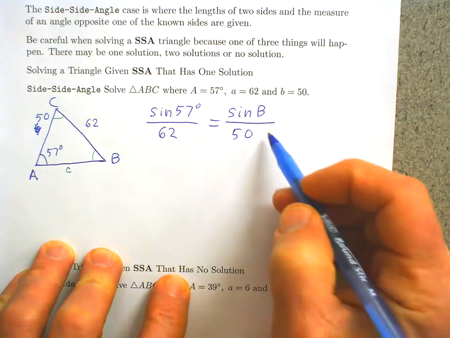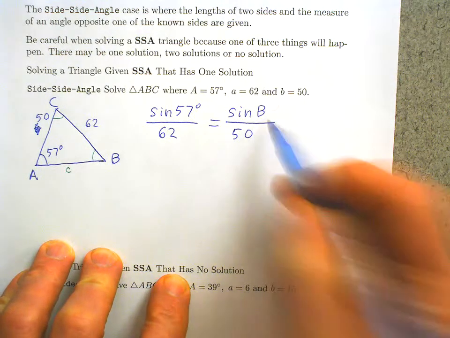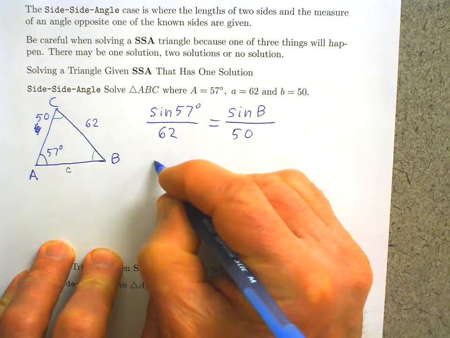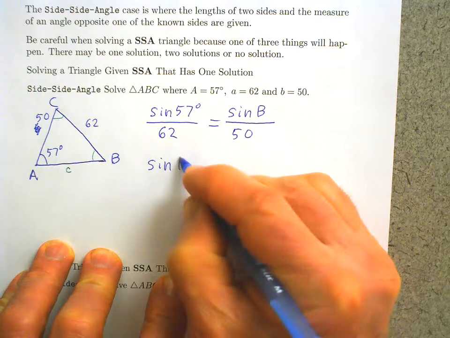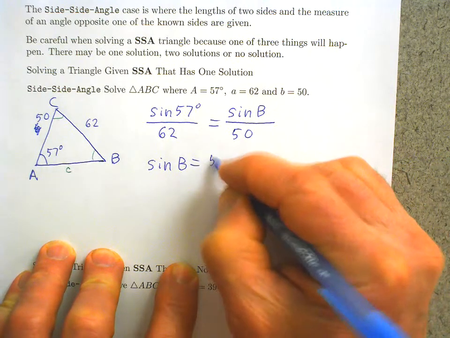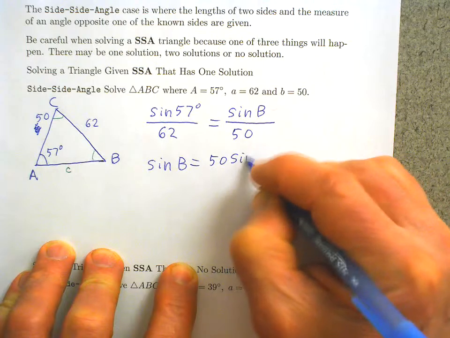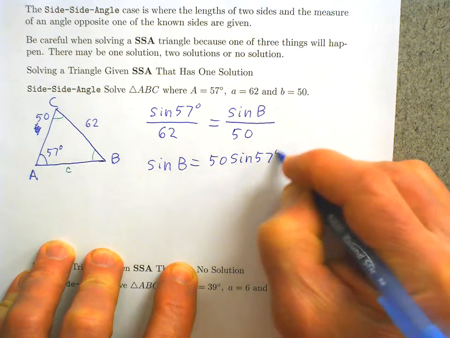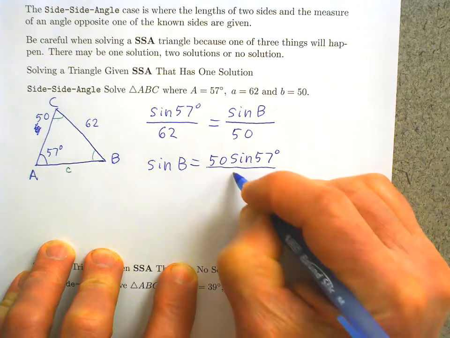So we can find the size of angle B. First, we solve for sine of B if we multiply both sides by 50. So sine of B is equal to 50 times the sine of 57 degrees divided by 62.